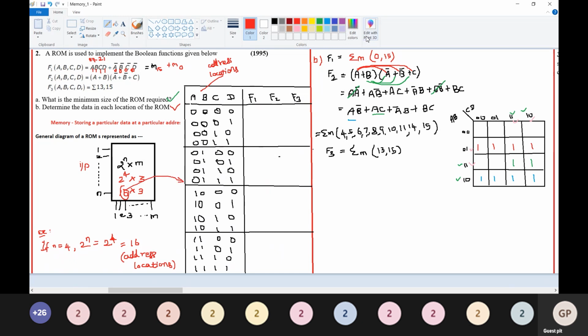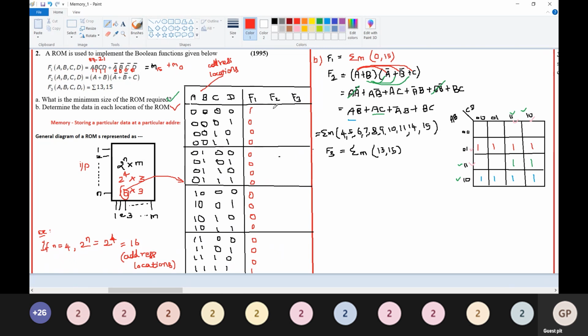Now for function F1, 0 and 15, so the remaining are all 0. So this is the data for F1 output.